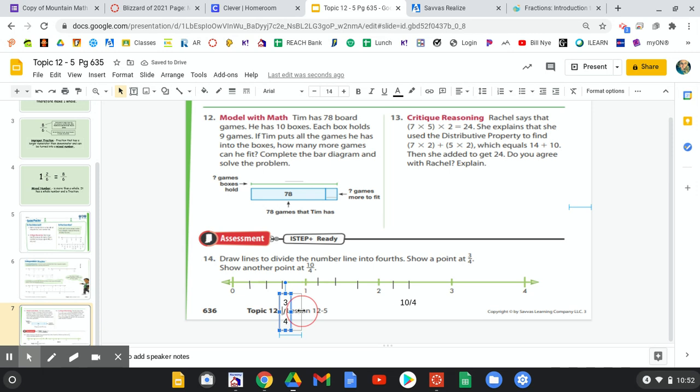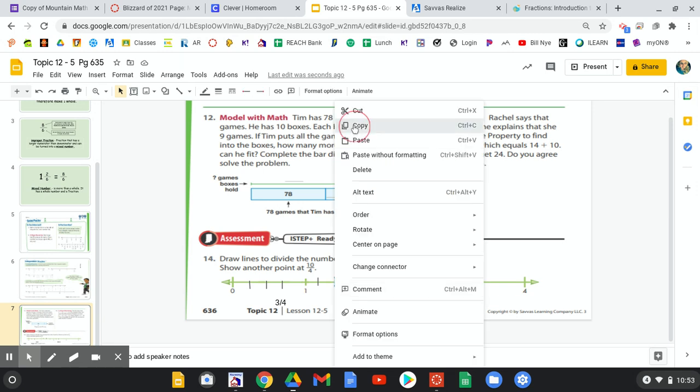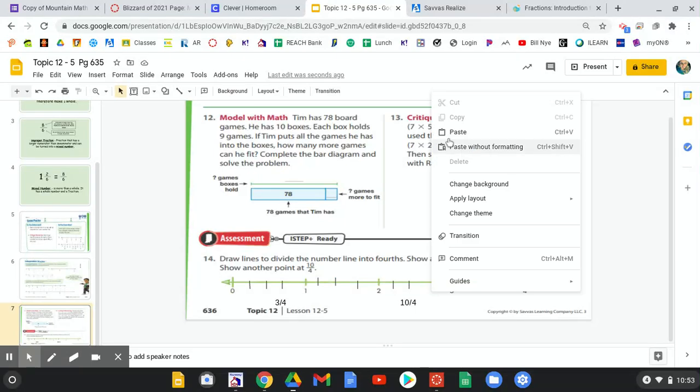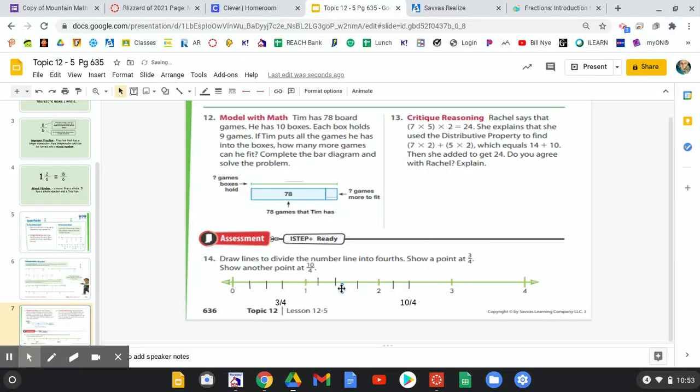Put these side by side so you can see them better. There we go. So 3/4 and 10/4. And then let's go ahead and copy one of these. Paste it. Okay, so there. I felt like I needed to show you that this was actually broken into 4 pieces here too. So 3/4 and 10/4.